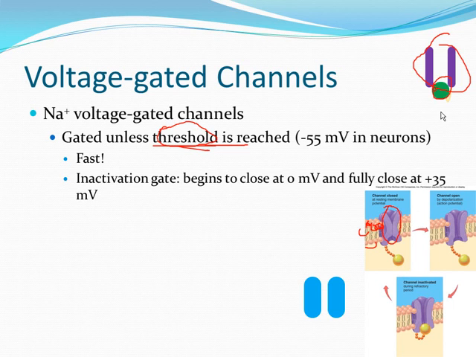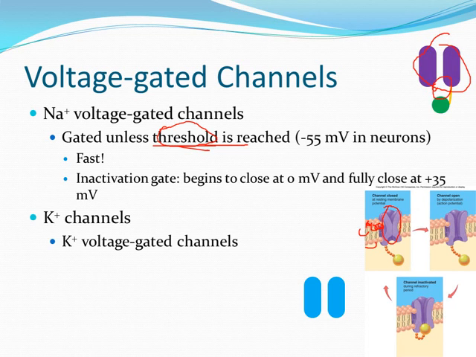So in which direction will sodium go if this channel opens? Everything always goes from high concentration to low concentration, right? Because if it's passive, it's diffusion. So if it opens, more concentration on the outside goes into the cell where there's less concentration.